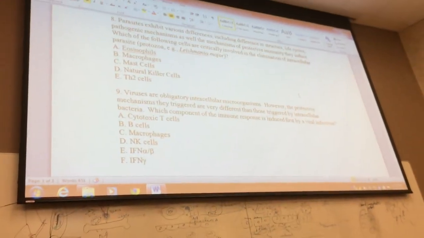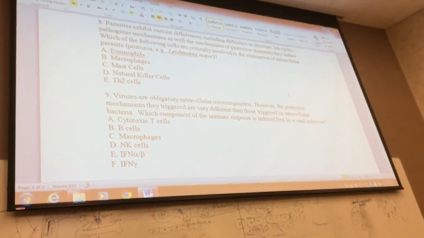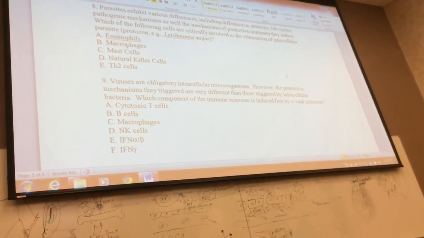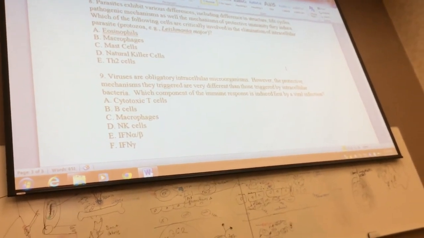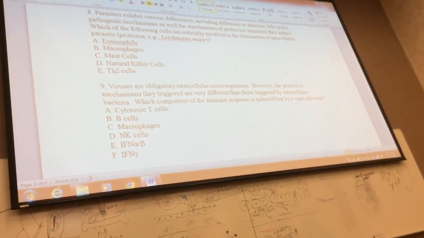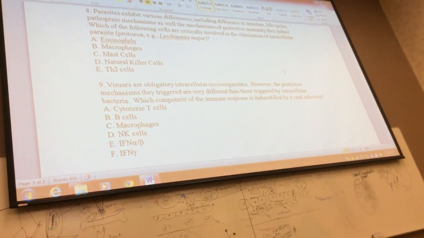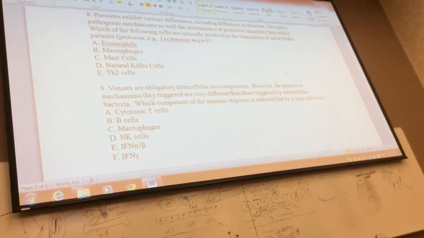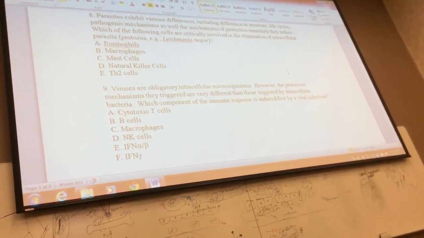Parasites exhibit various differences, including differences in structure, life cycles, pathogenic mechanisms, as well as the mechanisms of protective immunity they induce. Which of the following cells are critically involved in the elimination of intracellular parasites like the protozoa Leishmania major?